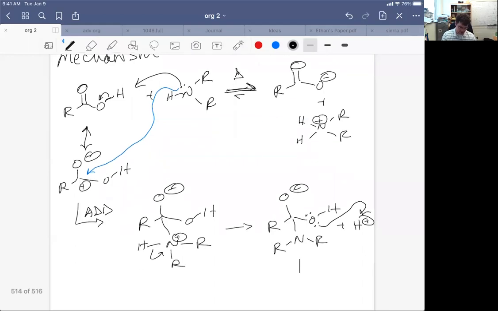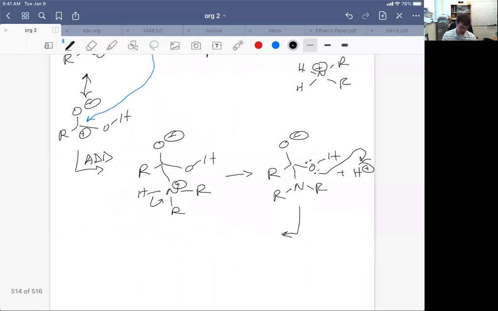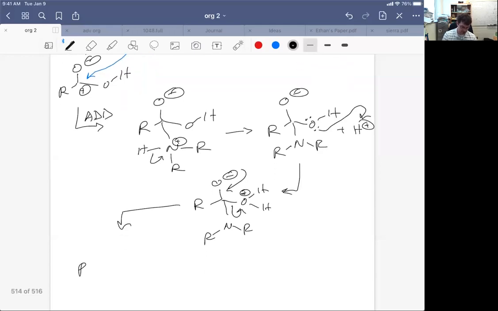And so that allows us to get to this species, which can push water off because H2O is a good leaving group to give us our amide. And that last step was the elimination. I really like this intermediate to be our tetrahedral intermediate, but any intermediate that has that carbonyl carbon as an sp3 hybridized carbon would be considered a tetrahedral intermediate. Okay.